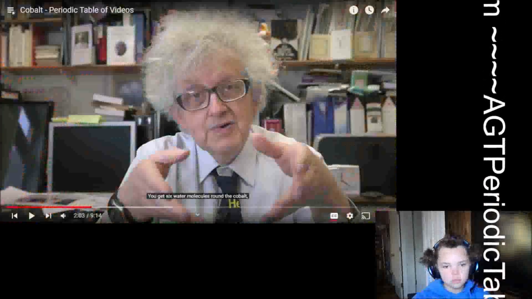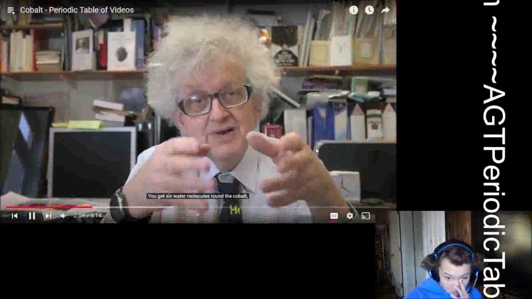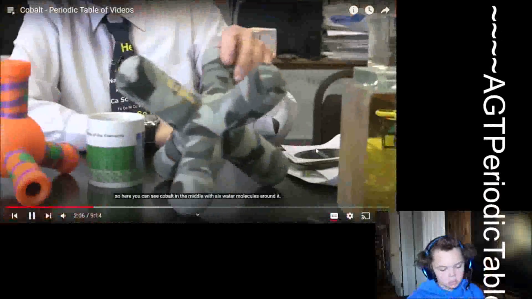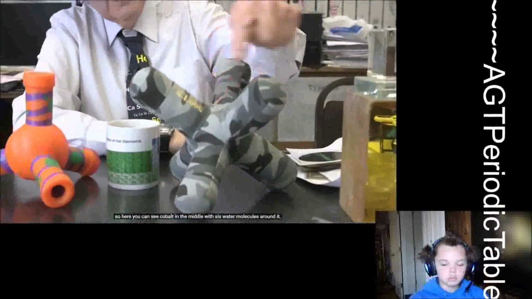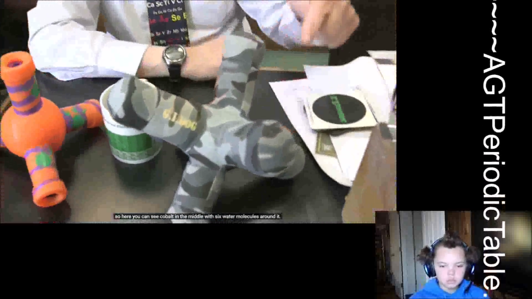So here you can see cobalt in the middle with 6 water molecules round it. Now you might ask, how can you form so many bonds? And the answer is that the interaction is partly electrostatic, the negative oxygen interacting with the positive cobalt.